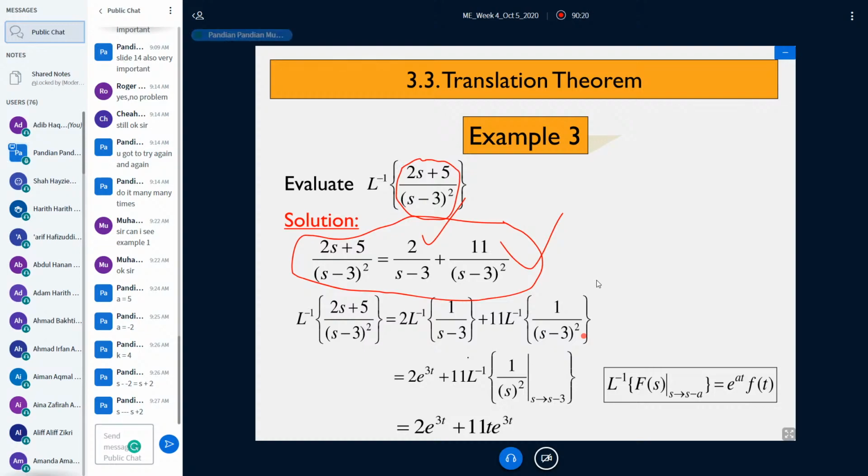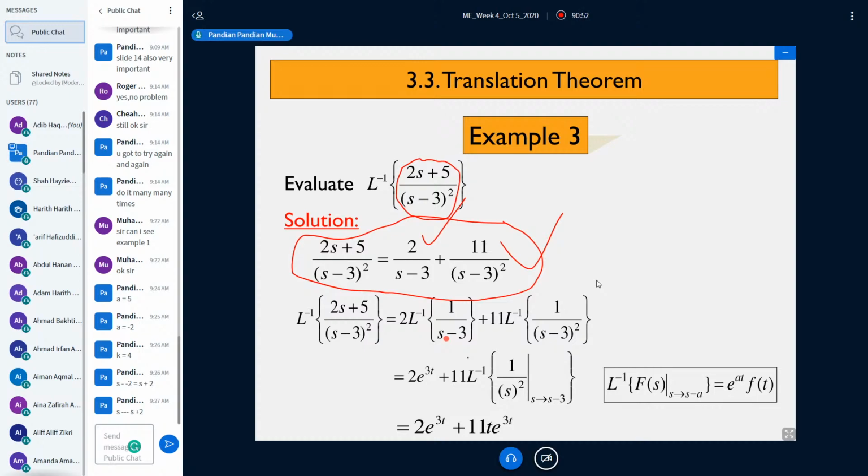So for these two, take the inverse Laplace of 1 over s minus 3. Your a is 3. This one is directly e^(3t). No need to use any translation theorem. Directly go to 3.1, slide number 18, using the formula Laplace of e^(at) is 1 over s minus a.